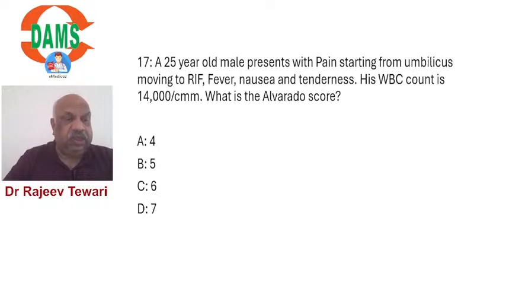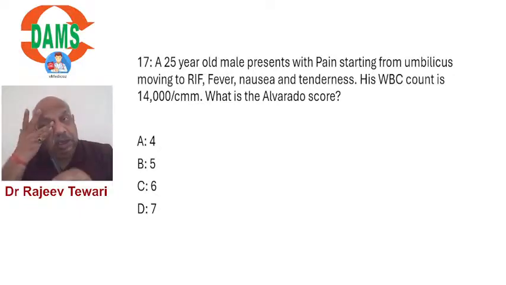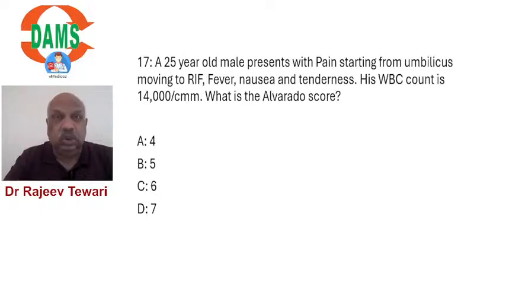So, if I keep the patient nil by mouth for very long, the mucosa becomes atrophic and the GIT bacteria go to the necrotic tissue without perforation. So, source is GIT only. Pseudocysts you can manage conservatively when they are very small, less than 5 centimeters, and no complication. Otherwise, you should go for cystogastrostomy.